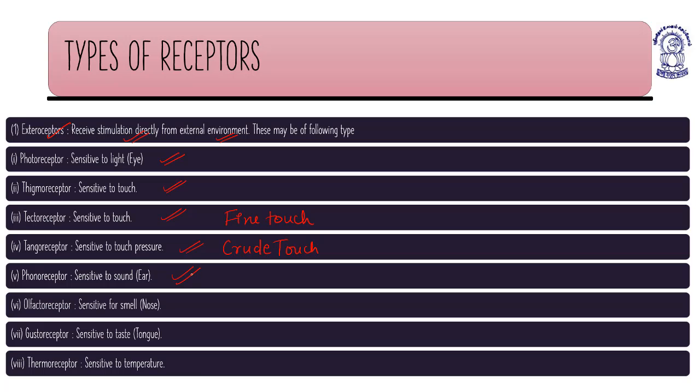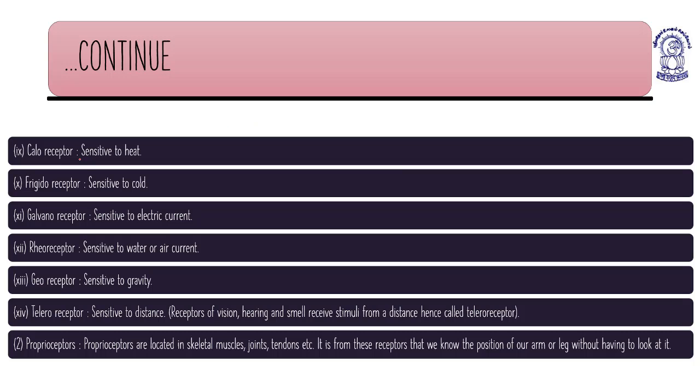Phonoreceptors are sensitive to sound, the ear; olfactoreceptors are sensitive to smell, the nose; gustatoreceptors are sensitive to taste, the tongue; thermoreceptors are sensitive to temperature. Caloreceptors are sensitive to heat, frigidoreceptors sensitive to cold, galvanoreceptors sensitive to electric current, rheoreceptors sensitive to water or air current, geoceptors sensitive to gravity, telereceptors sensitive to distance.